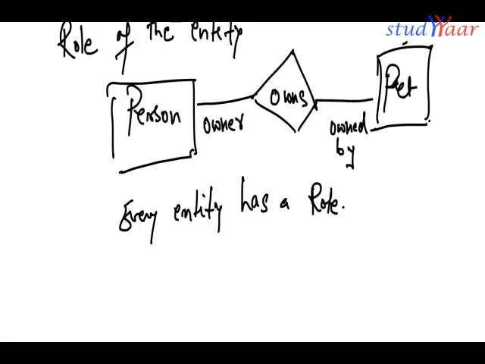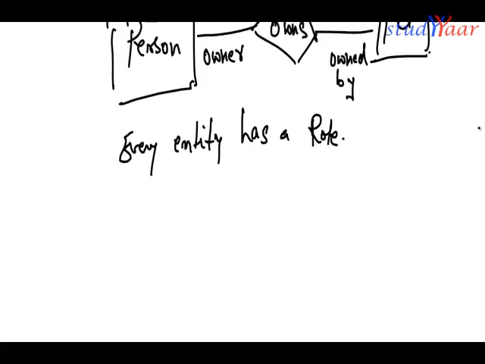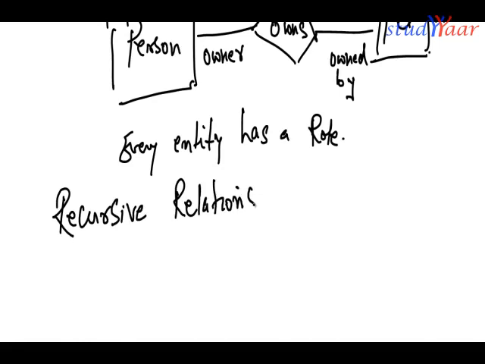Role is important whenever we have a relationship which is an interaction of two or more entities of the same entity type. We call such relationships recursive relationships.